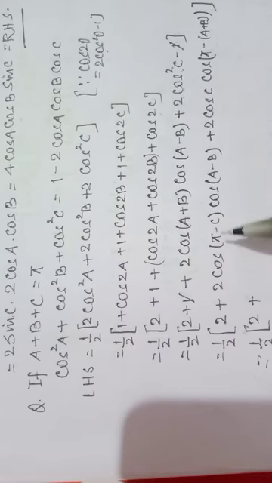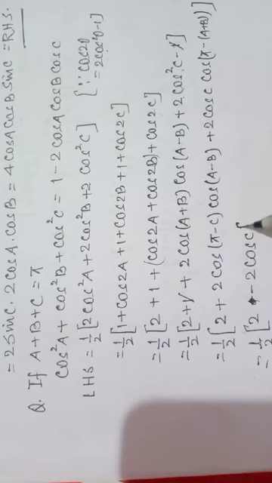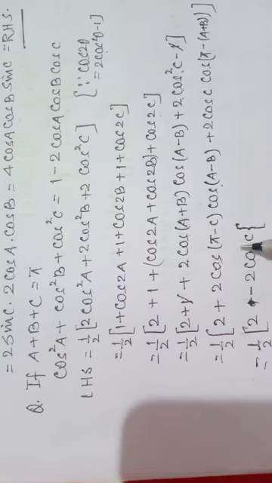So minus 2 cos c will be common. So plus and minus together becomes minus. So take minus 2 cos c as common. So this term becomes positive and this again becomes positive, cos (a plus b), because the minus comes outside the bracket.